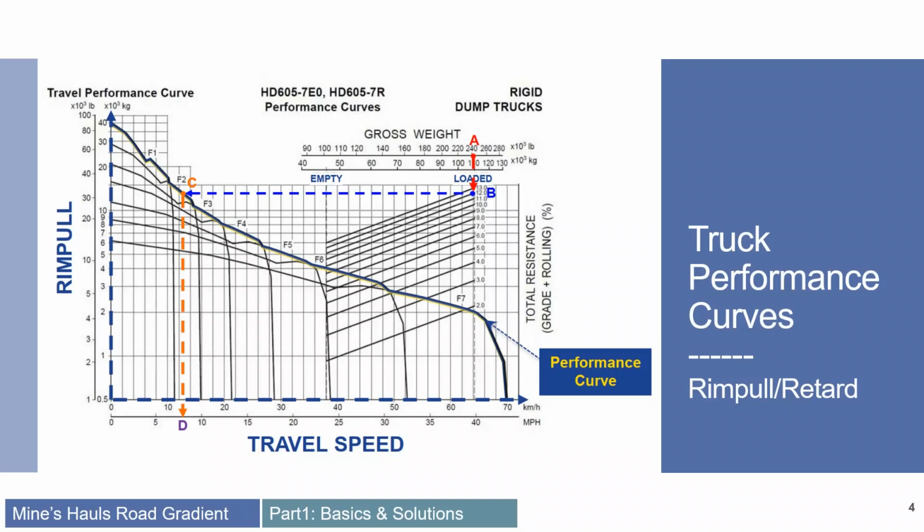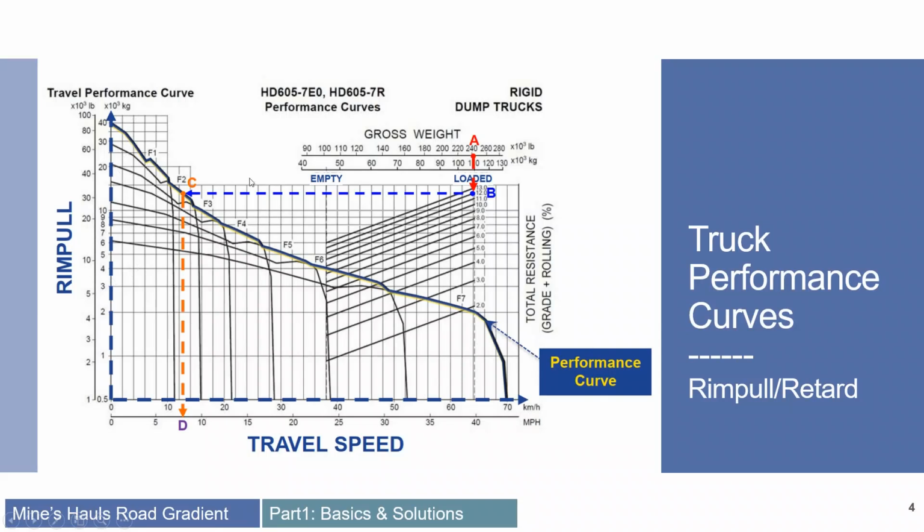By this diagram, one can predict the speed a truck can travel based on its payload and the gradability of the road. The left axis is the force produced by the machine in kilograms or pounds.